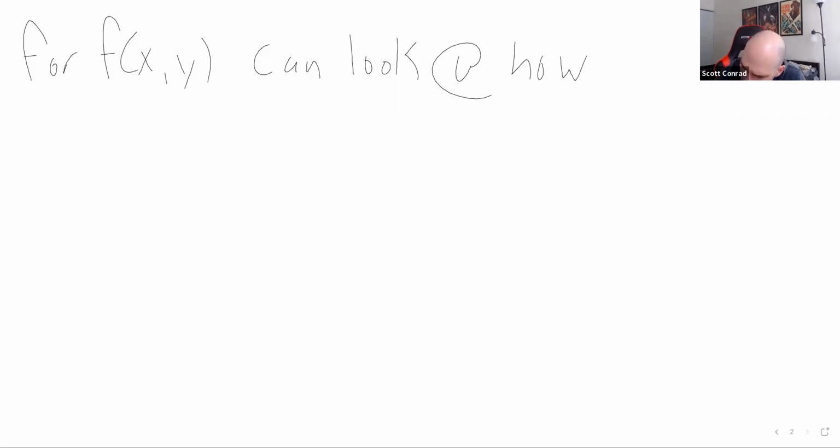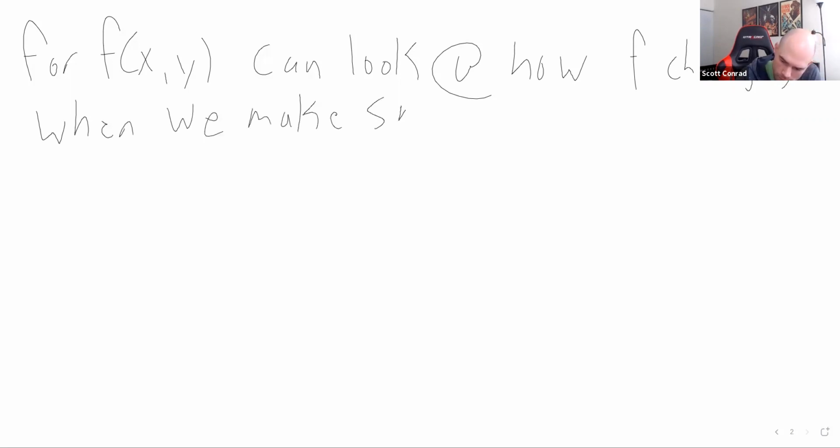But we can look at how f changes when we change x and y by a little bit separately.